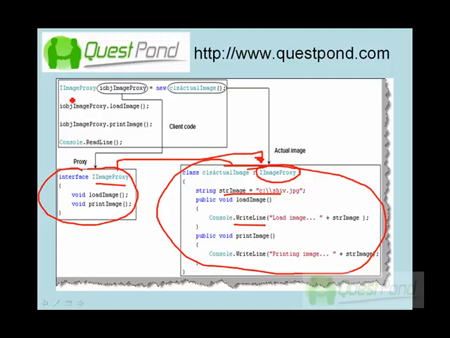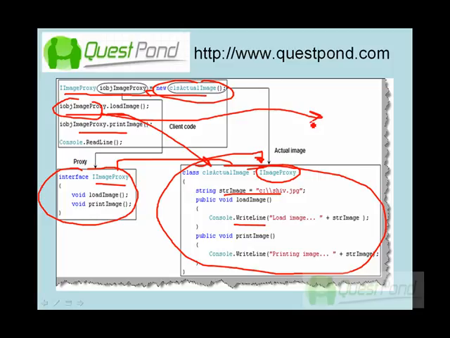Now what happens is, in the client code, you create the actual image object and you point the proxy towards it. This proxy can now refer to the actual object, and you can move this proxy wherever you want, into other networks or to other PCs, rather than moving the actual object, and this will increase the efficiency of your project.